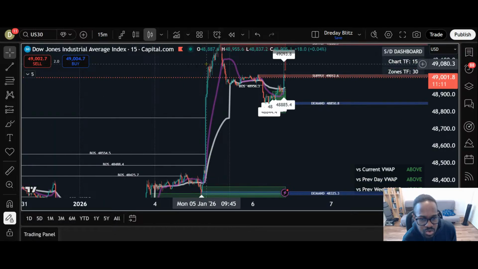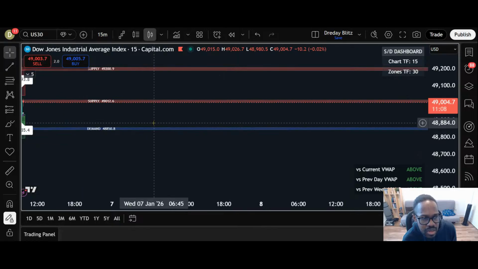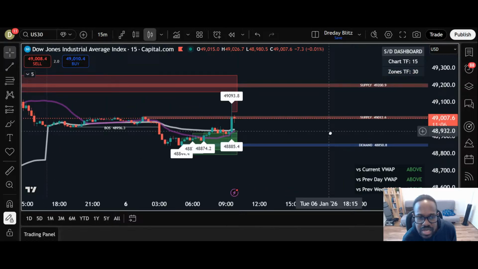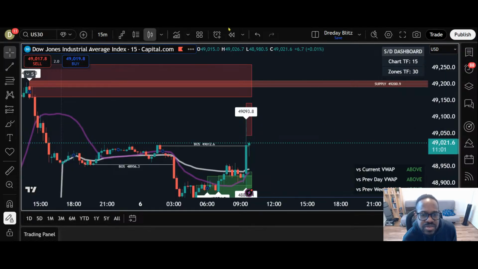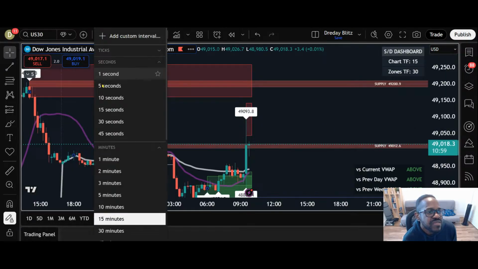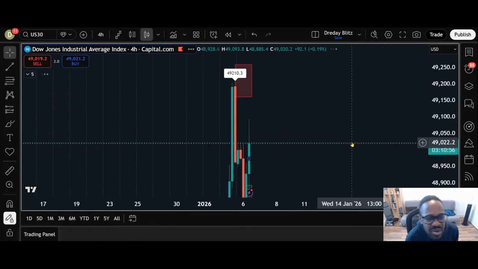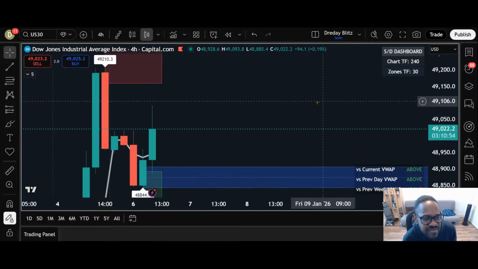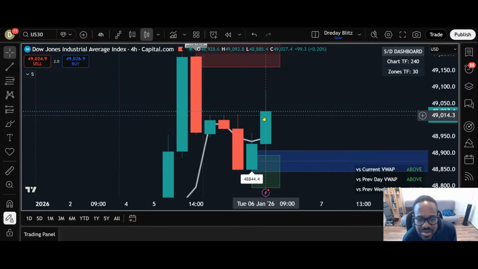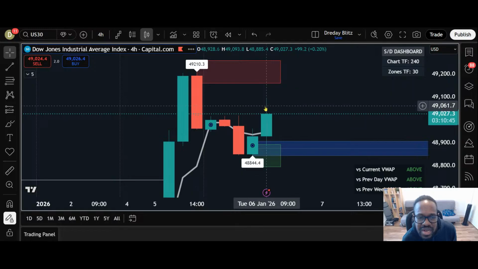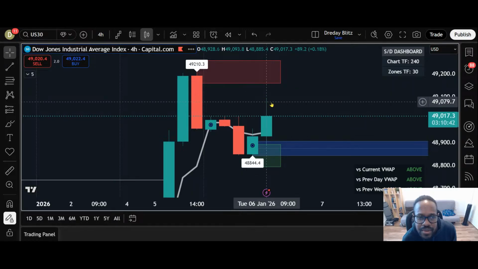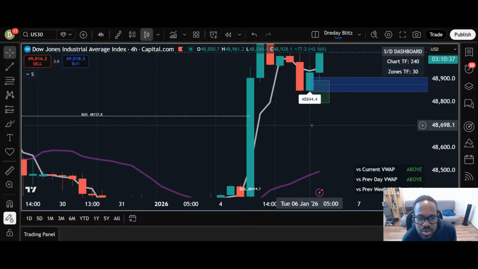So this is yesterday's move, and we'll see if it wants to go higher or lower. And if we go on the 4 hour, that's at 9 o'clock here. So since 9, it was going up. So we may start to create a lower high, like I said, and we may start to go to the downside here.